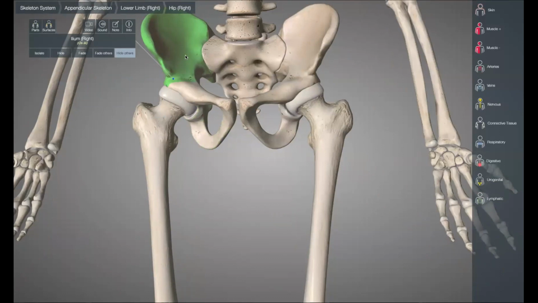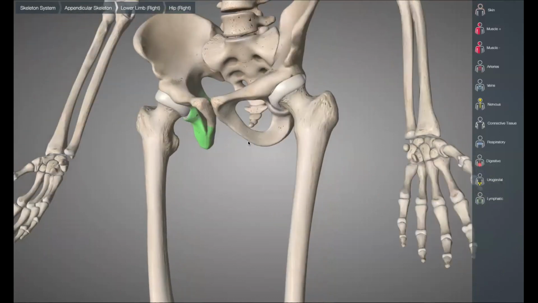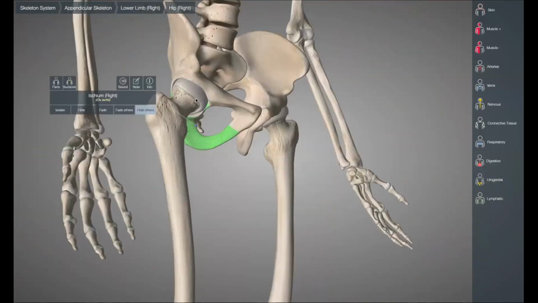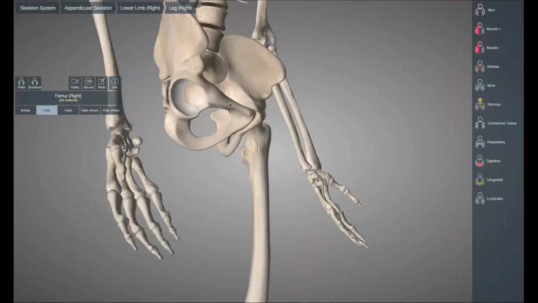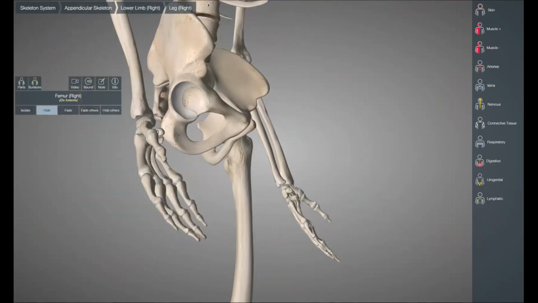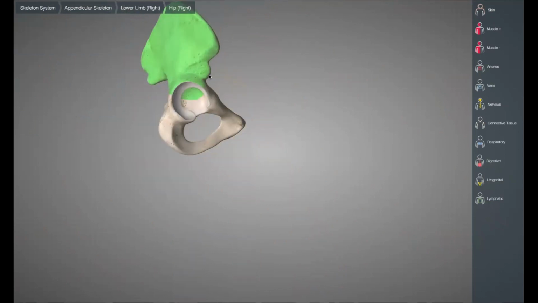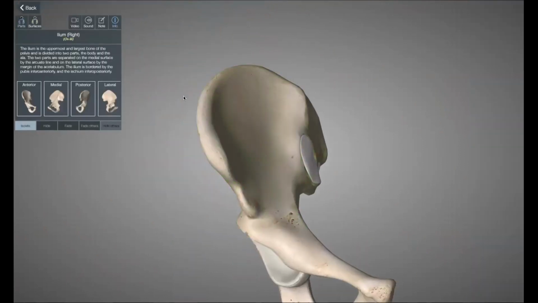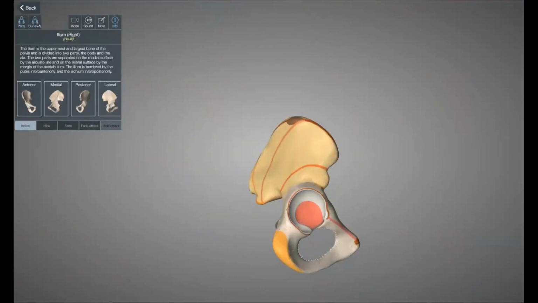The hip bone is made up of the ilium, pubis, and ischium, and one more thing you can mention: the acetabulum, or acetabular fossa.